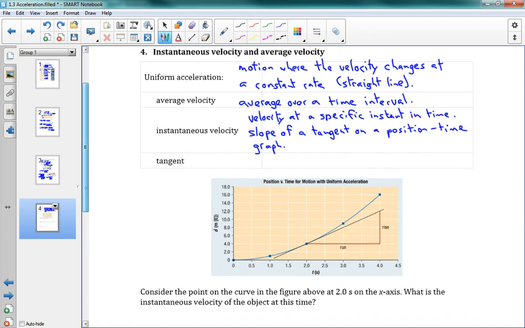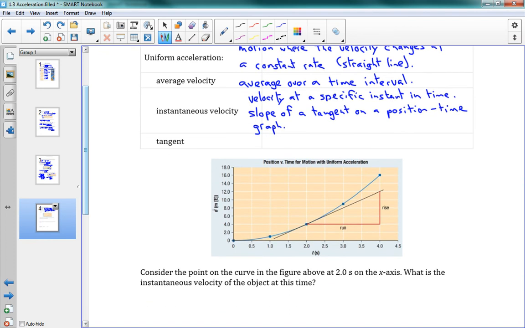Okay, and a tangent, this is just a line that touches a graph at one point. I'll show you below what I mean exactly by a tangent. Okay, and so this is just to be able to distinguish between average and instantaneous velocity.